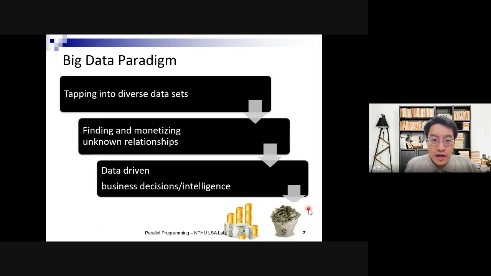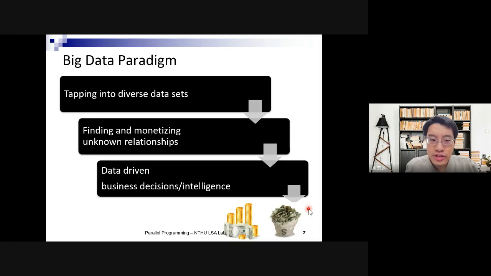For this lecture, in the first part, we are focusing on big data. For big data, the main challenge is usually how to collect the data and how to be capable of handling it. The big data paradigm is as simple as three steps.